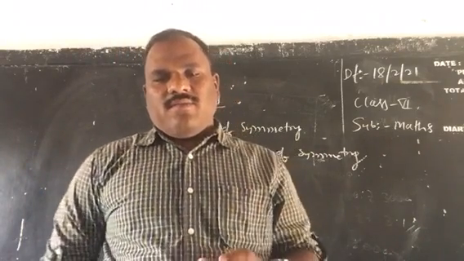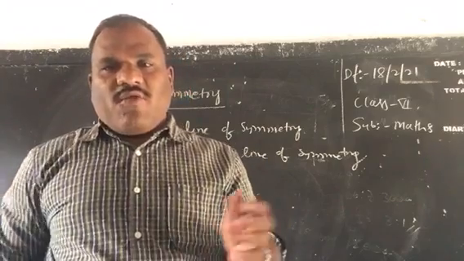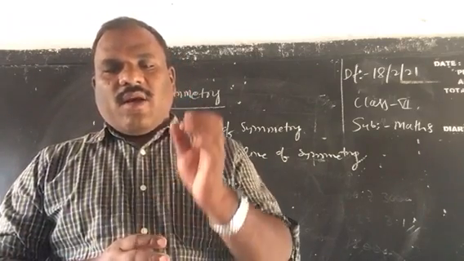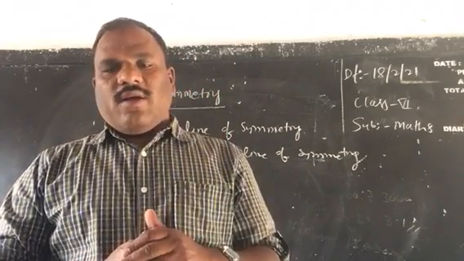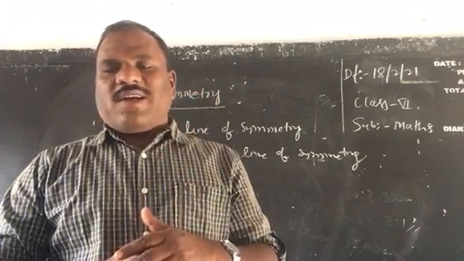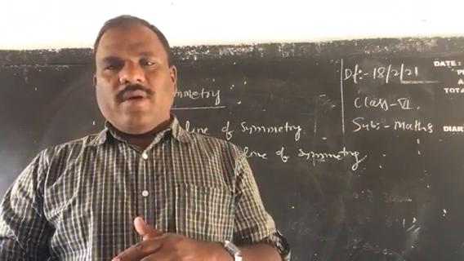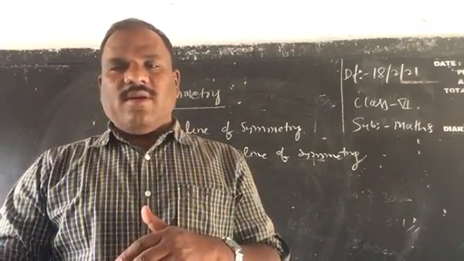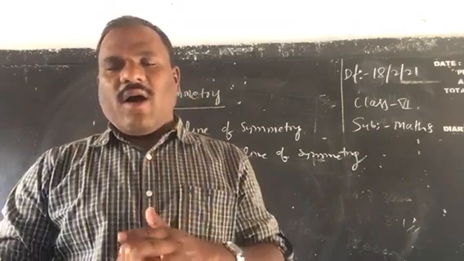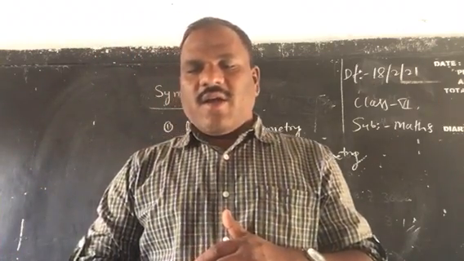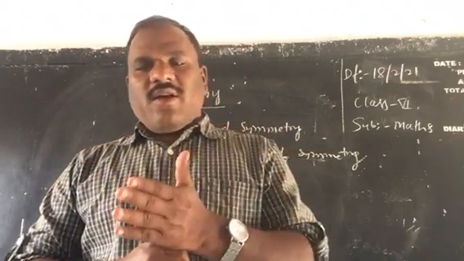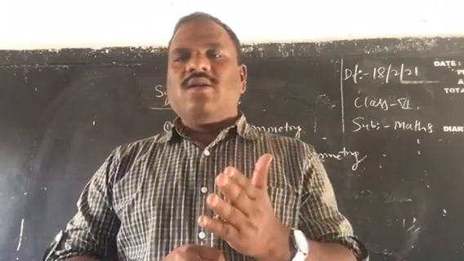Any line along which we can fold a figure so that the two parts of it coincide exactly is called a line of symmetry or axis of symmetry. It can be horizontal, vertical, or diagonal.